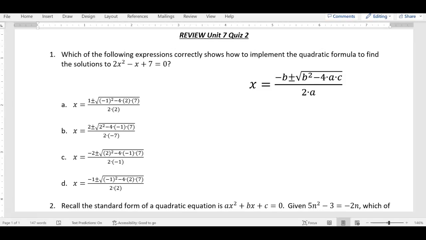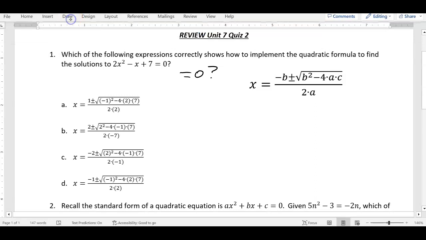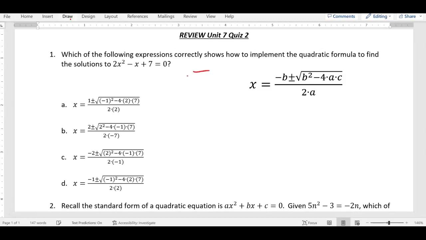Okay, so remember, our first step, does it equal 0? Sorry, does it equal 0? Yes, it does, right?